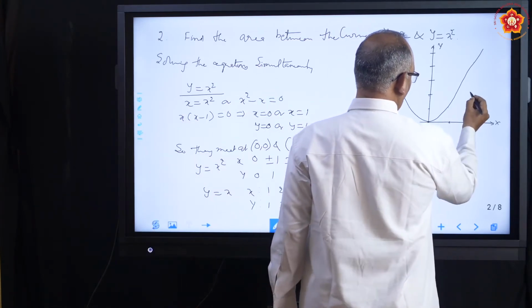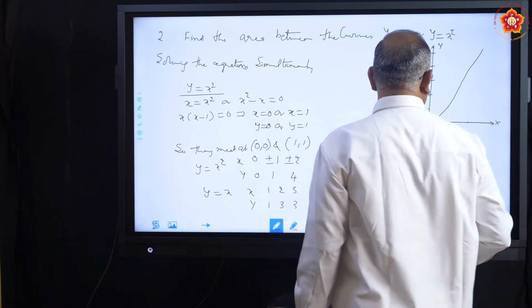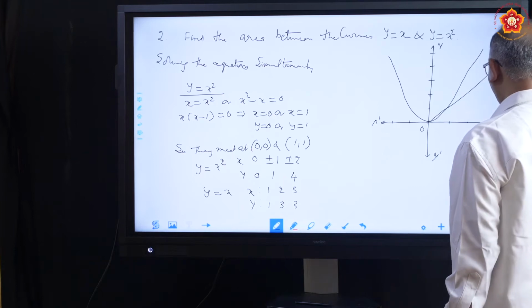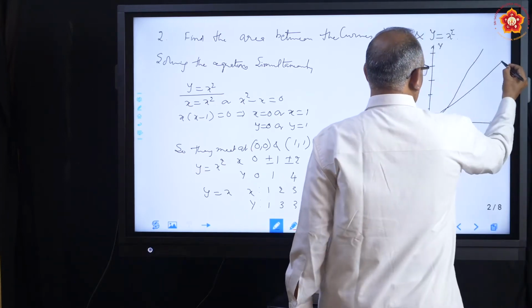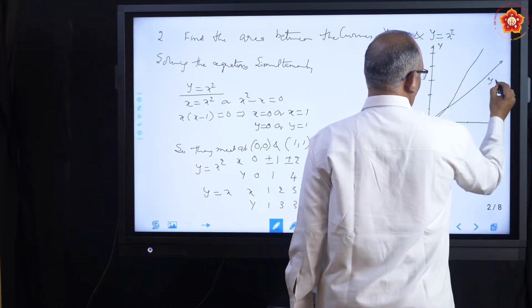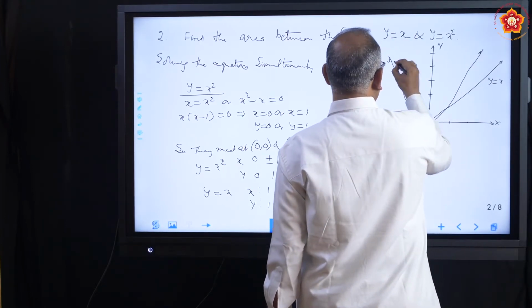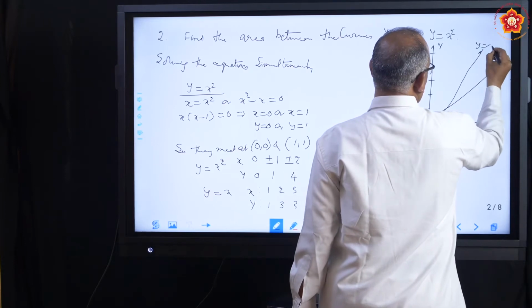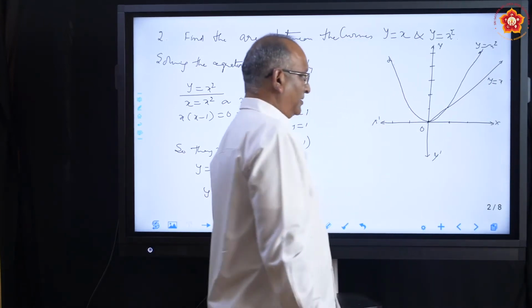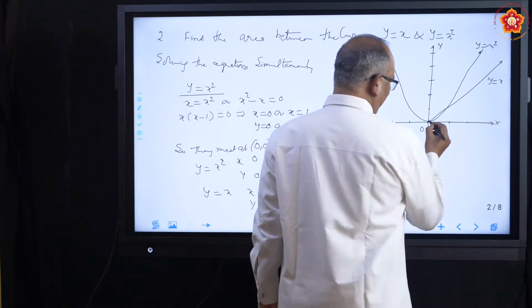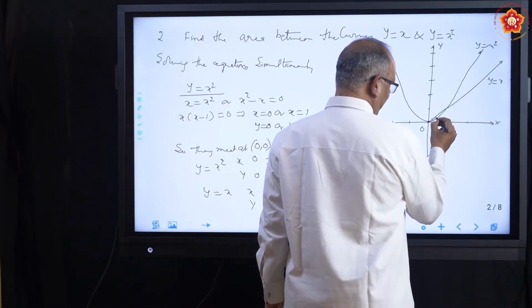For 2 it is 2. So join these points. This is the line which is representing y equal to x, whereas this parabola is representing y equal to x square. He says find the area between these two curves. So basically we want to find out this thin area.